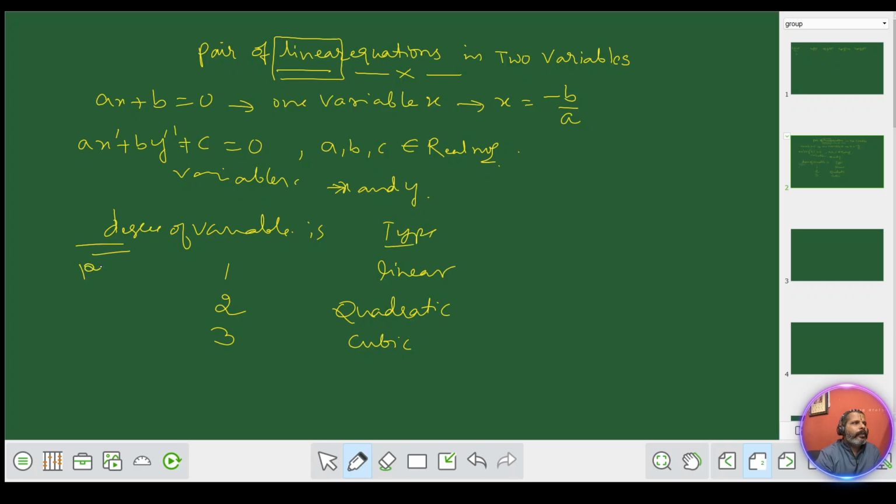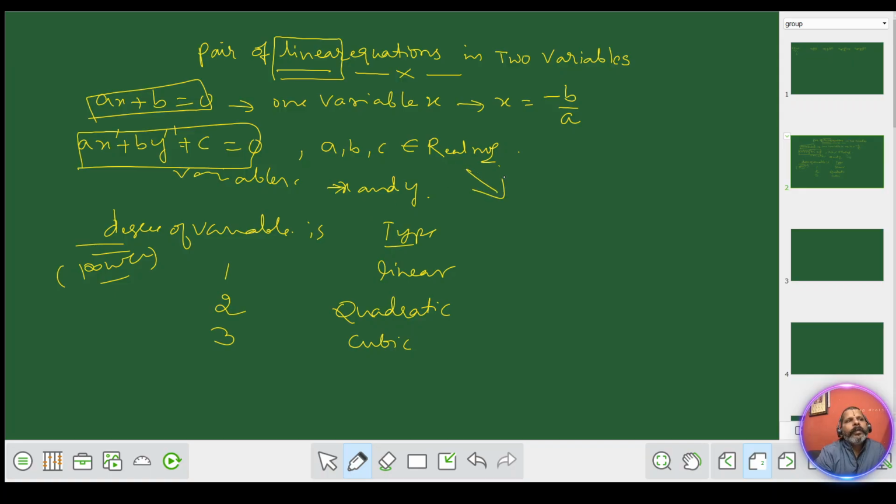Degree or power of variable. So a linear equation in one variable is ax plus b equal to 0 in standard form, and in two variables it is ax plus by plus c equal to 0.